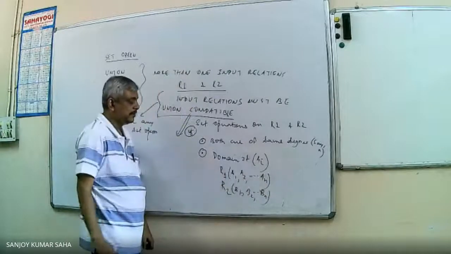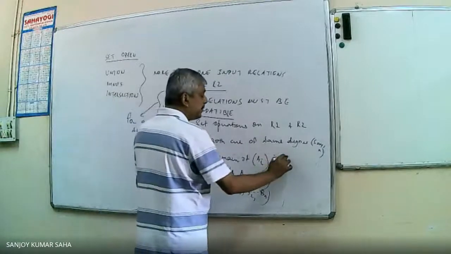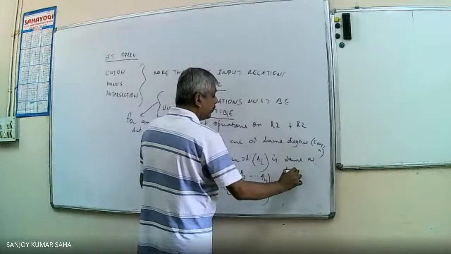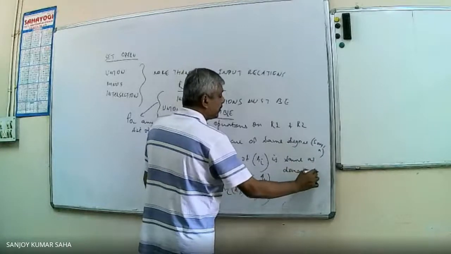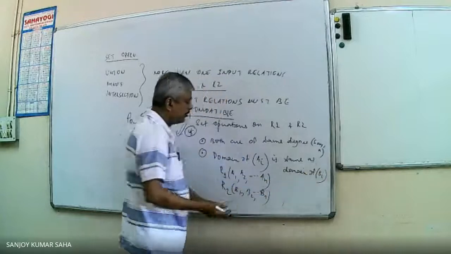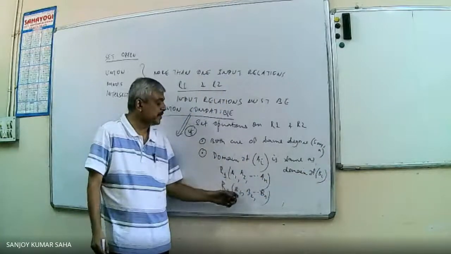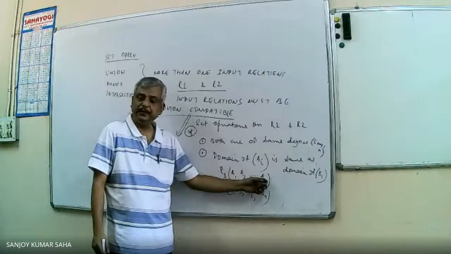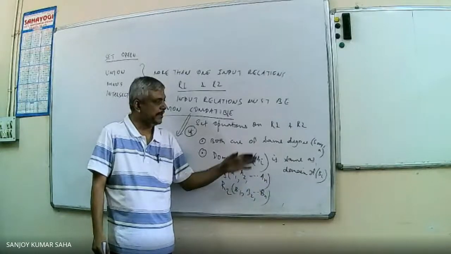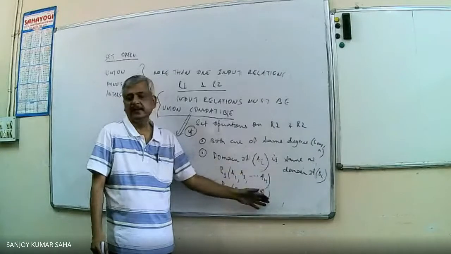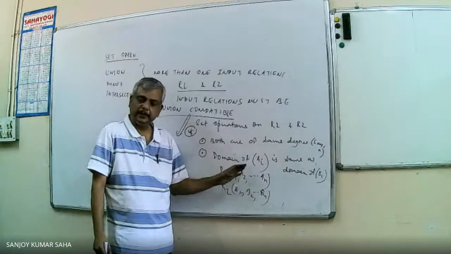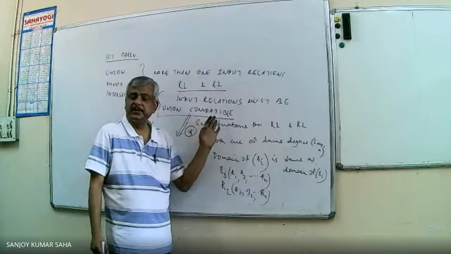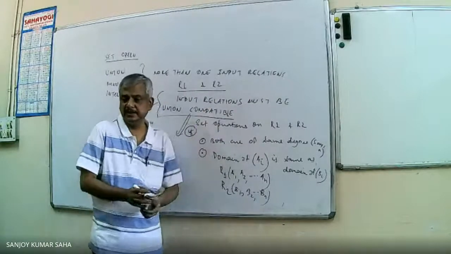The domain of Ai is the same as the domain of Bi. So the domain of A1 is the same as the domain of B1, the domain of A2 is the same as the domain of B2, and the domain of An is the same as Bn. So both are of the same degree and the domains of the corresponding attributes are the same. Then only can we carry out the set operations on those relations.